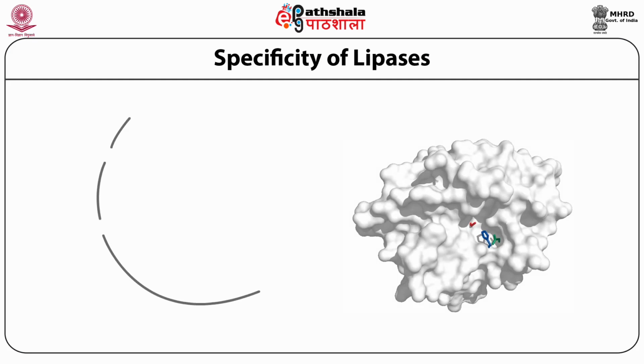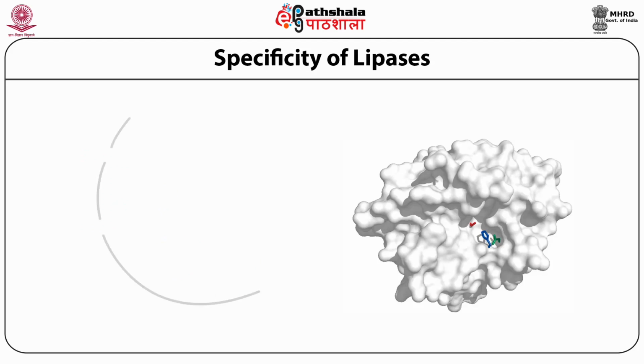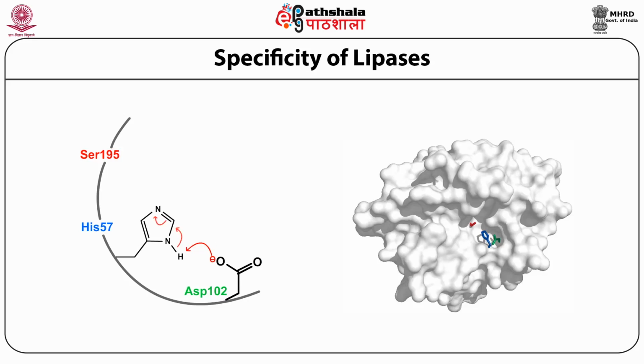Before we discuss promiscuous reactions of lipases, let us first familiarize ourselves with the specificity of lipases. Structurally, all lipases are part of the alpha beta hydrolase fold family.